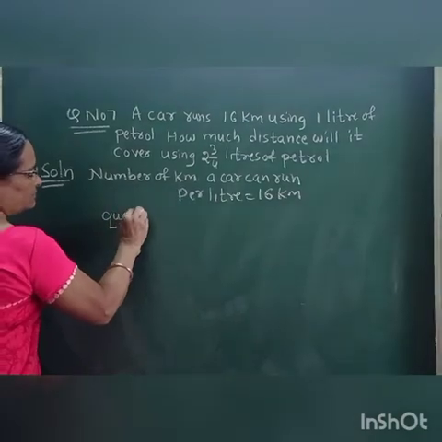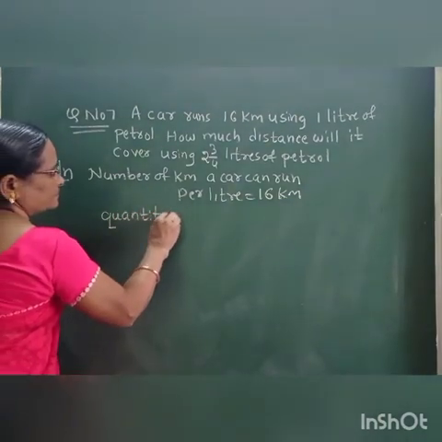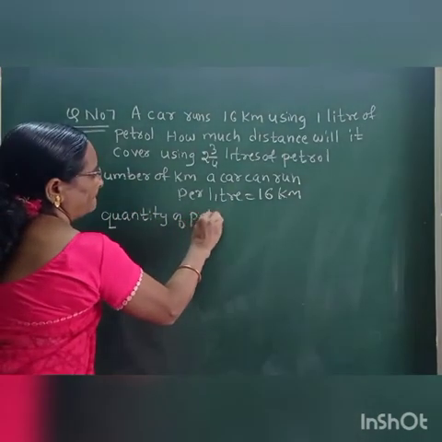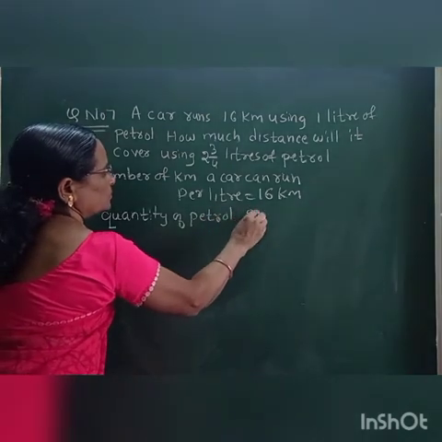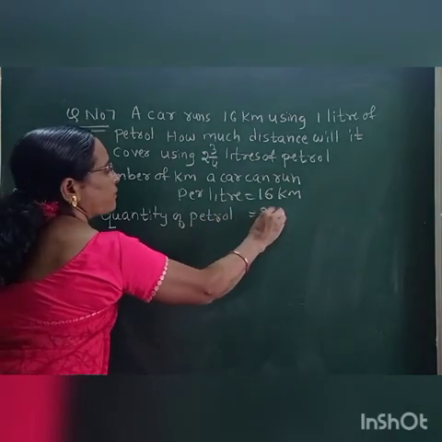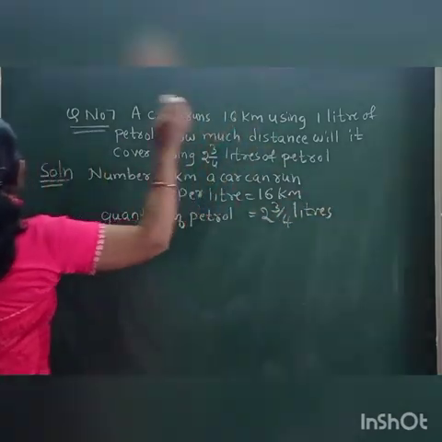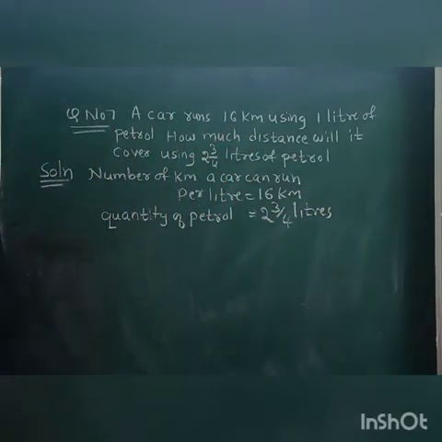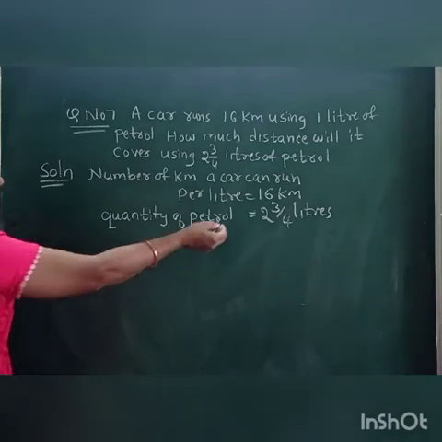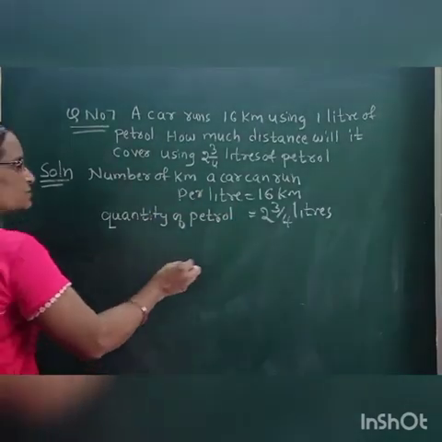Quantity of petrol, 2 integer 3 by 4 liters is given. What we have to find? Number of kilometers. How many kilometers the car will run by using 2 integer 3 by 4 liters.